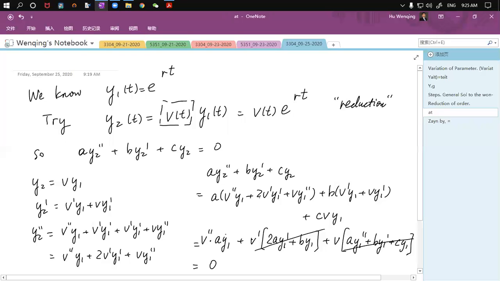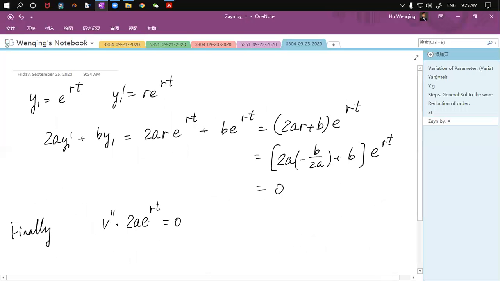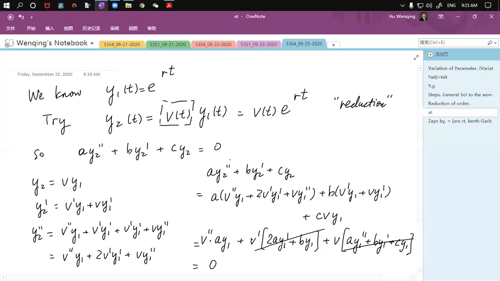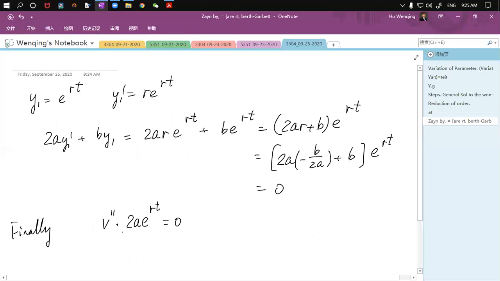So y1 is already known as e power rt. So this a is non-zero. Remember, a is the leading coefficient. a is never equal to 0. So that means this one is not going to be 0 anymore, so that's the same thing as v double prime is 0.